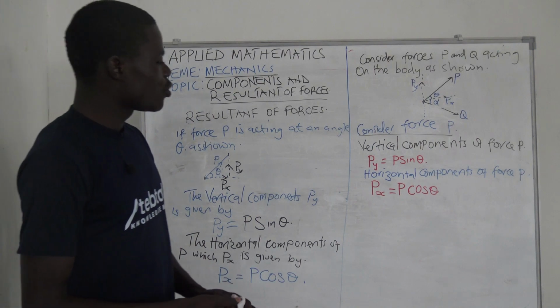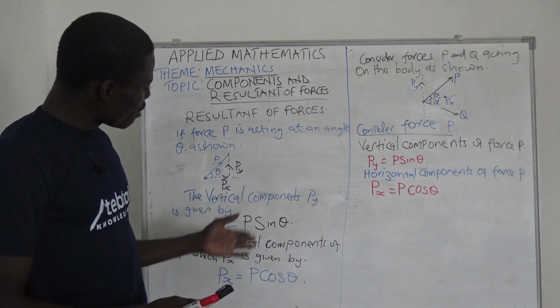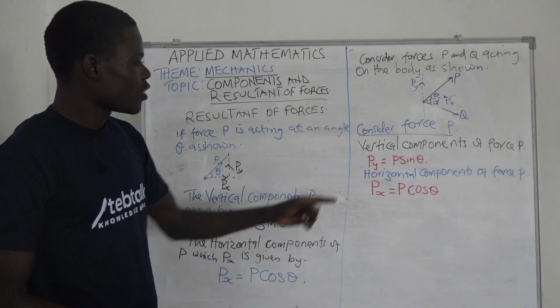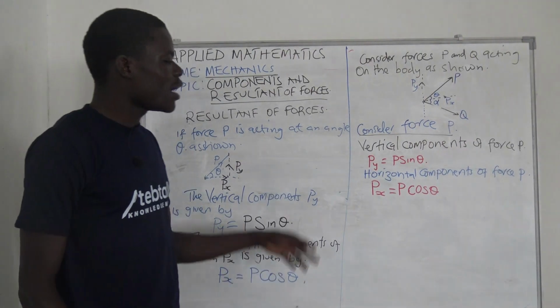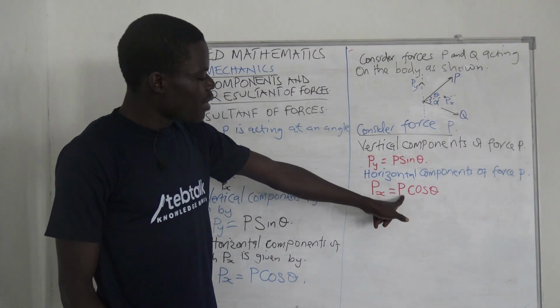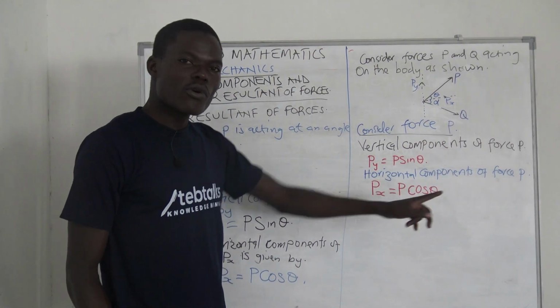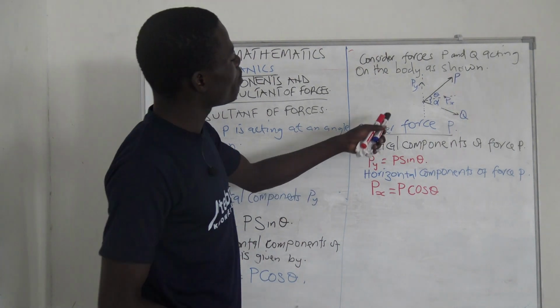Those are two things which you should master in this lesson: when generating the vertical component of a force, use that force times the sine of the angle. When getting the horizontal component, use that force times the cos of that angle. So that's the particle P.